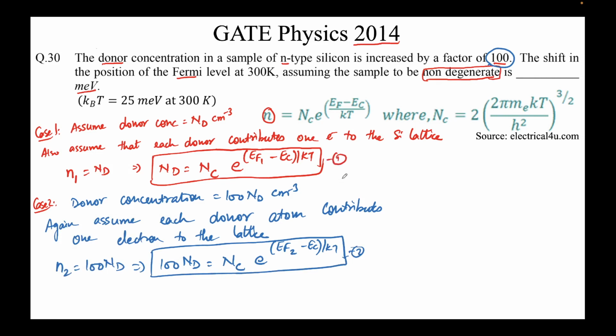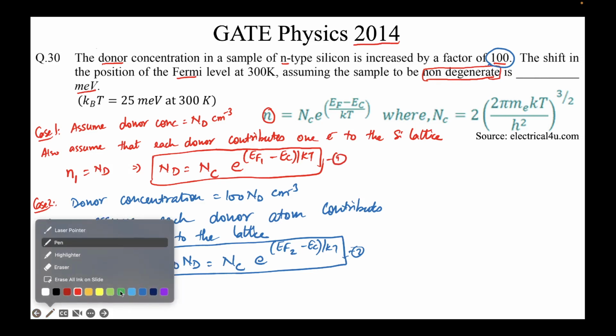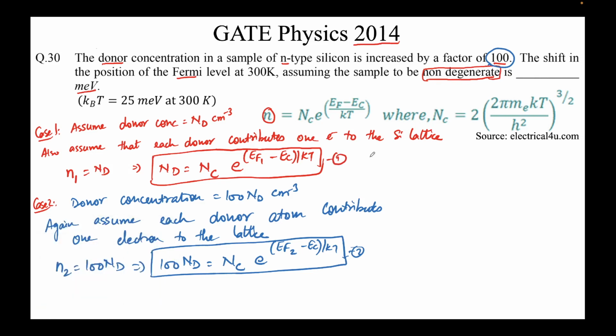Now what I am going to do is divide expression 2 by 1. So let's write the LHS first. LHS is 100 Nd over Nd.